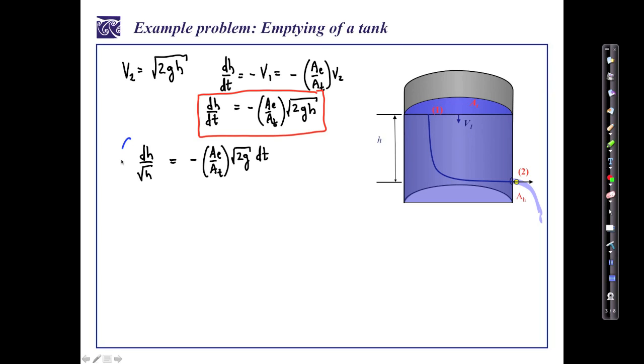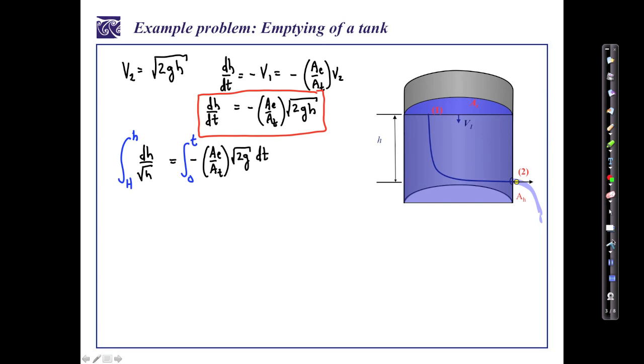And we're going to integrate that between our limits from both of these variables. So we start with an initial height, capital H, and it goes to some intermediate height. Actually, we could just make it go all the way to 0, but we could make it an arbitrary height, little h in between. And then this is going to go from time t equals 0 to some arbitrary time t.